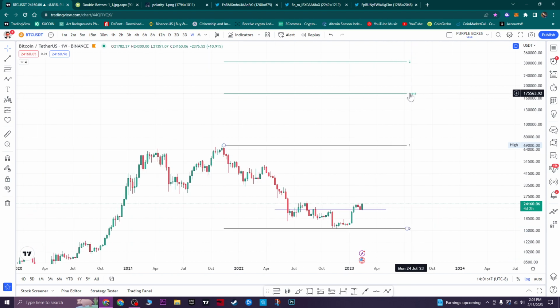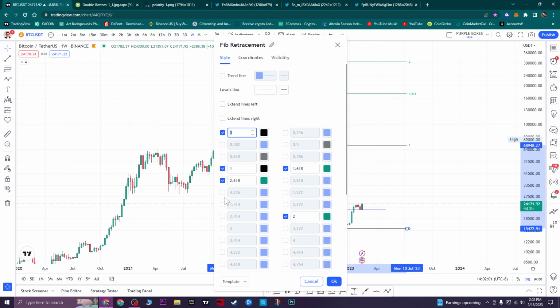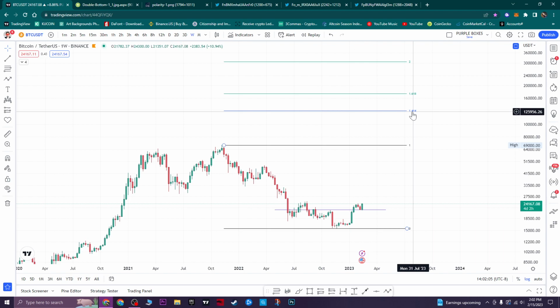To be honest, that's a little too bullish for me. I'm expecting more somewhere between like 130 and maybe 140. I think 170 is a bit too much. Maybe we may get to the 1.4 level, somewhere around here. 128 seems a bit more realistic.